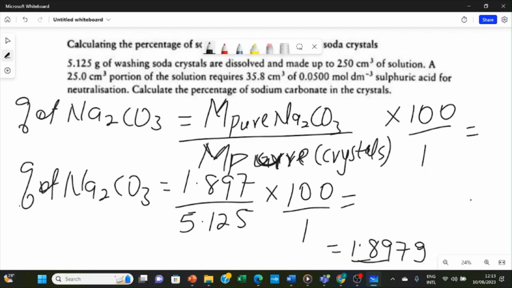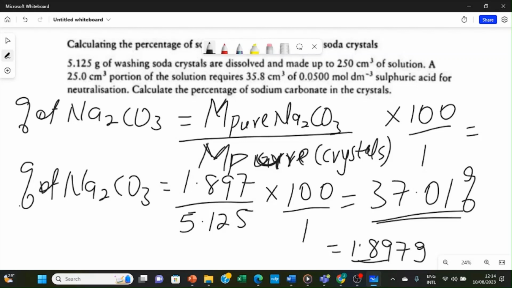So now it will be equal to 1.897 times 100 divided by 5.125. So you have 37.01%. So that's the percentage of sodium carbonate in the crystal.